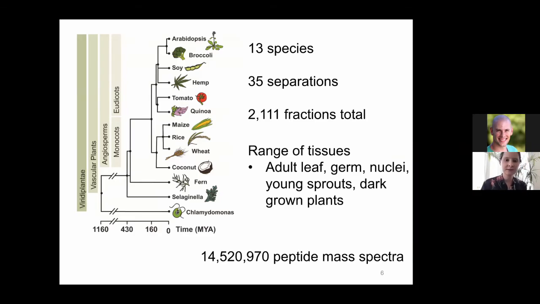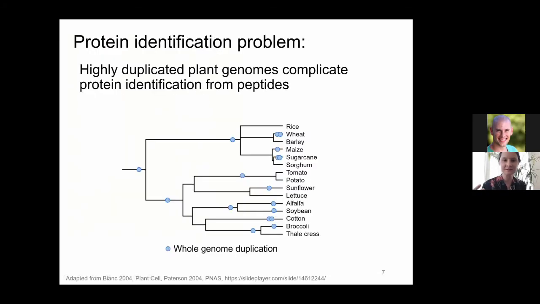The fun thing about plants, compared to applying this technique to human or yeast cells, is that the protein identification from peptides problem becomes a huge issue. This is because many plant genomes are highly complicated and have an extensive history of whole genome duplication.